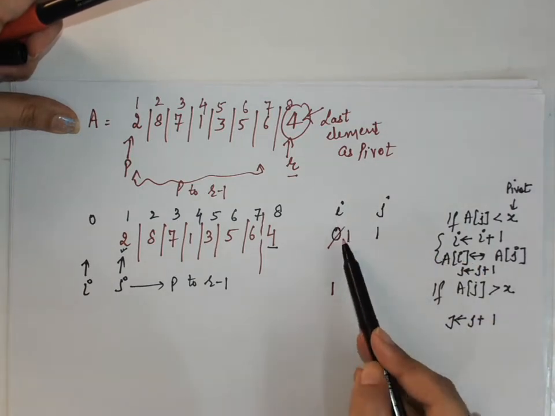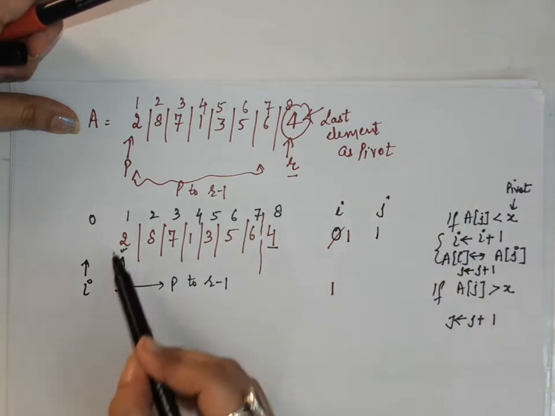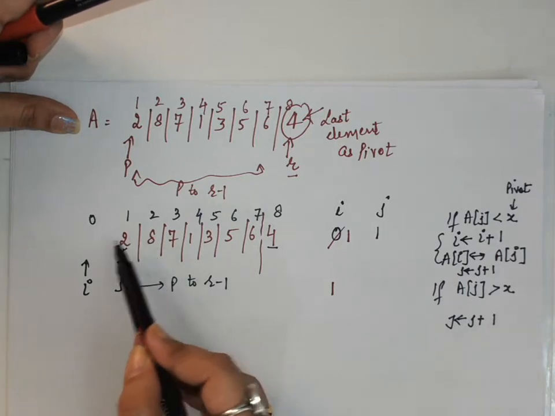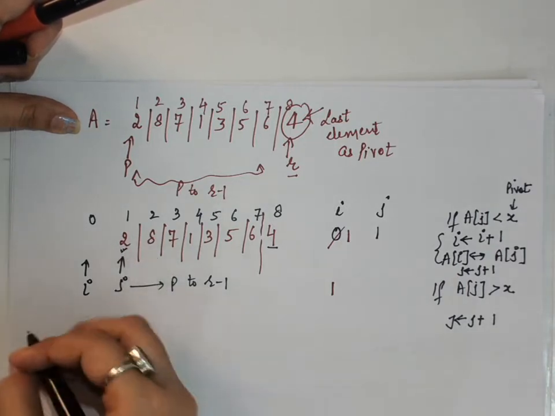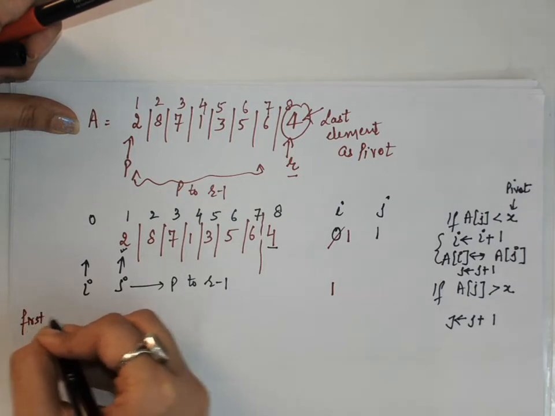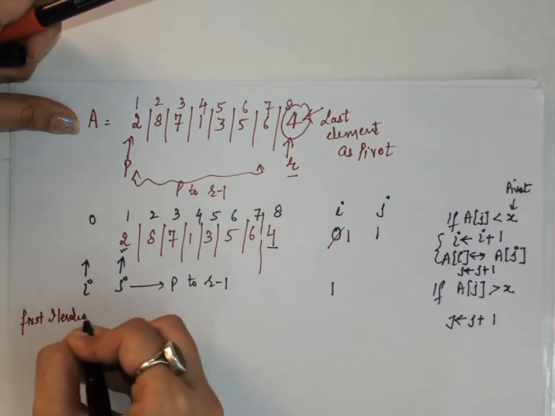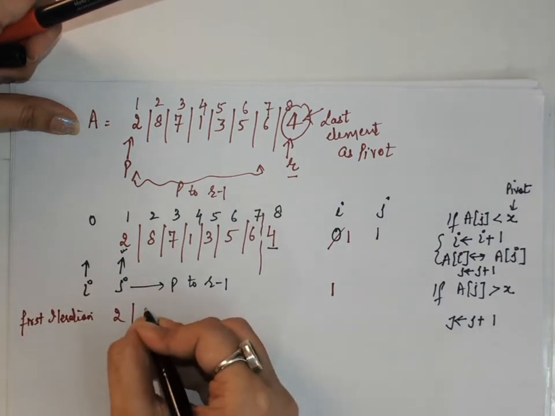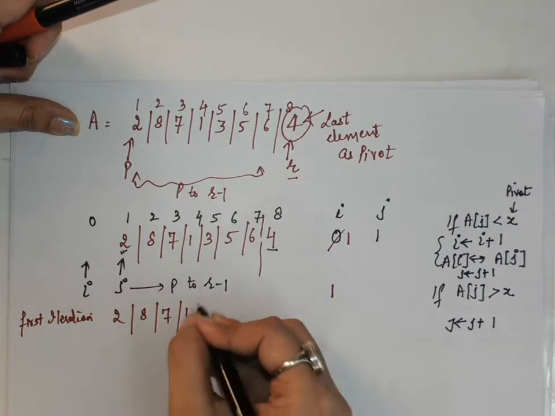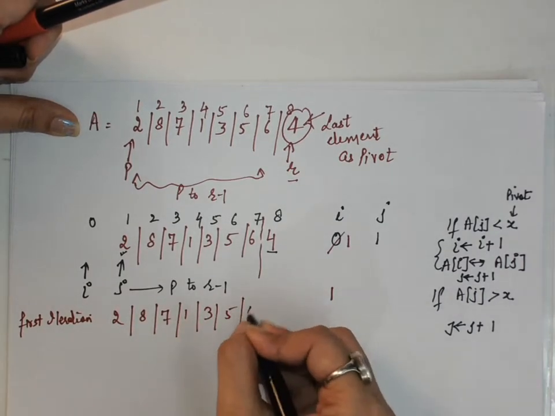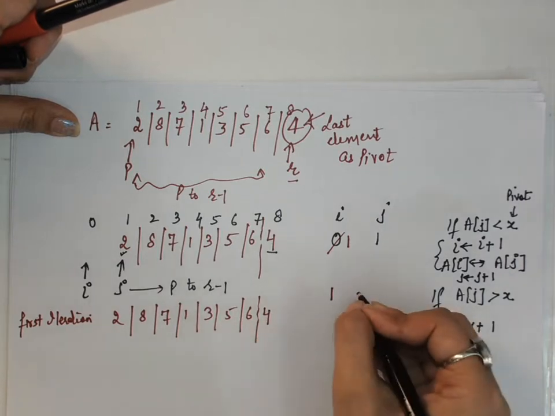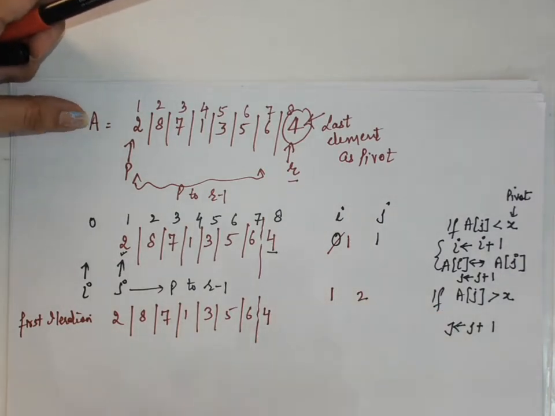Now swap a of 1 with a of 1, means swap 2 with 2. This will remain the same. So after the first iteration, my array will be the same. Now j is incremented by 1, that is equal to 2.